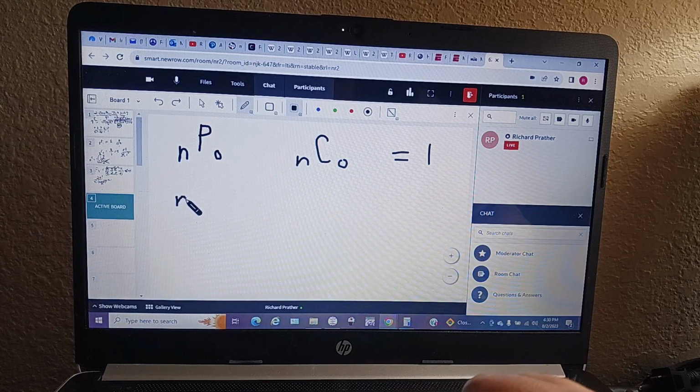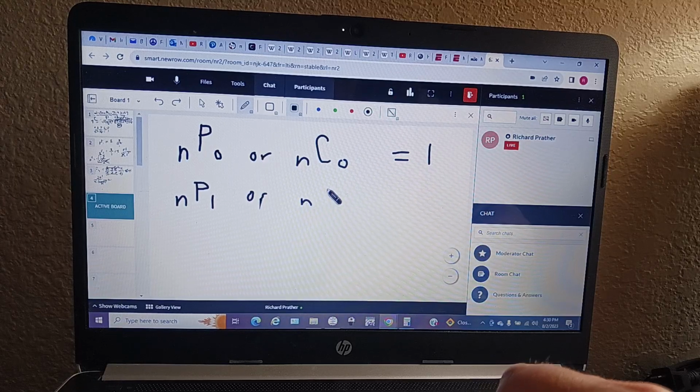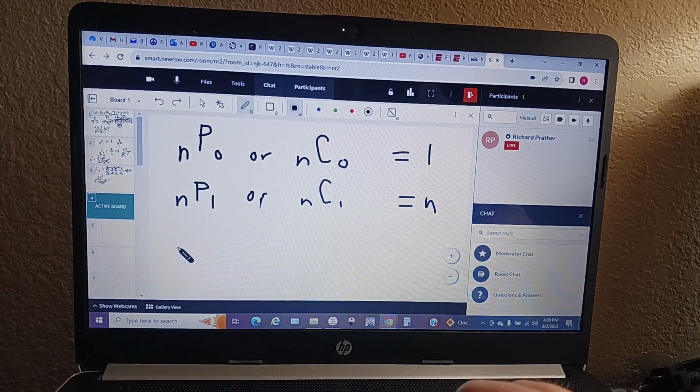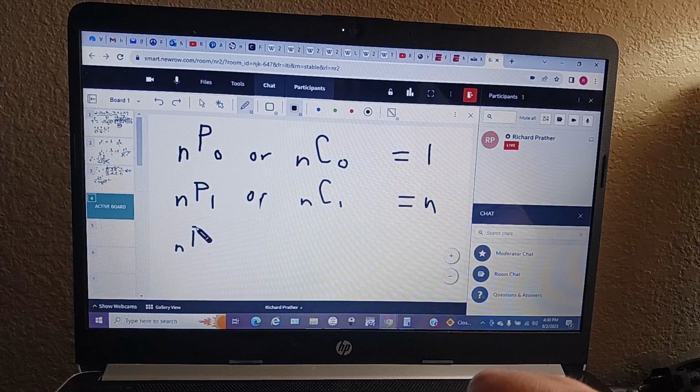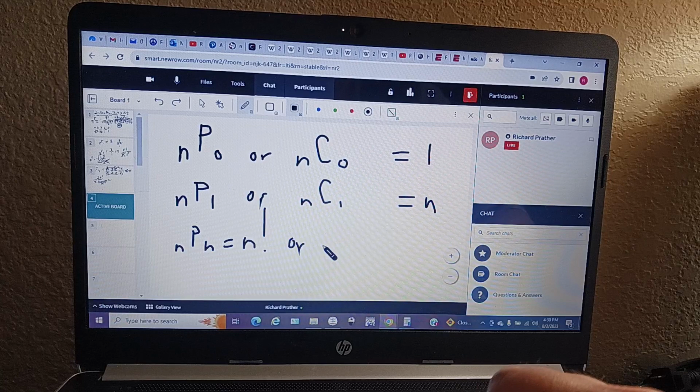If you get any number permutation 1, or any number combination 1, the answer is whatever the front number is, the n. If you get n permutation n, where both numbers are the same, the answer is the same as whatever n factorial calculates to. Or if you get n combination n, then the answer is 1.